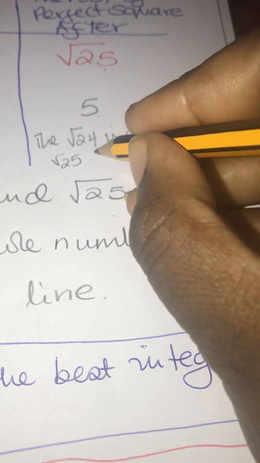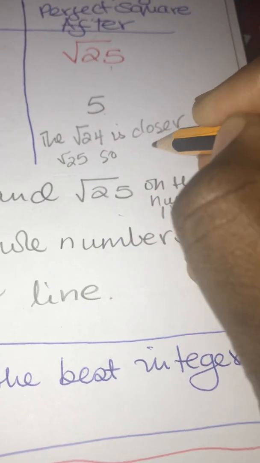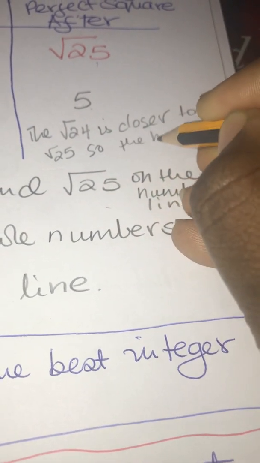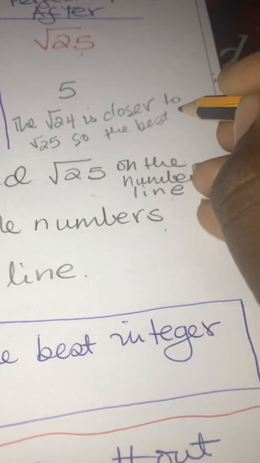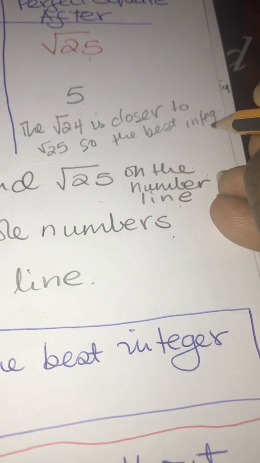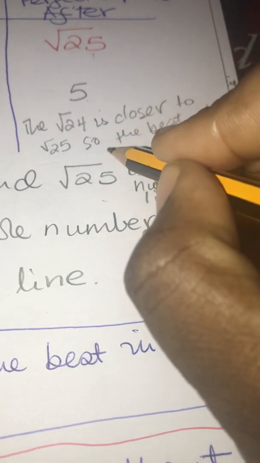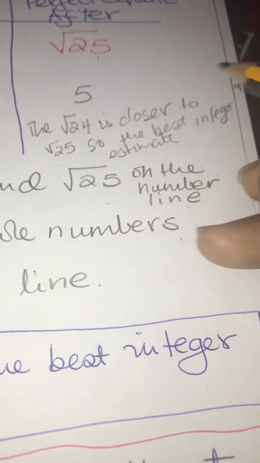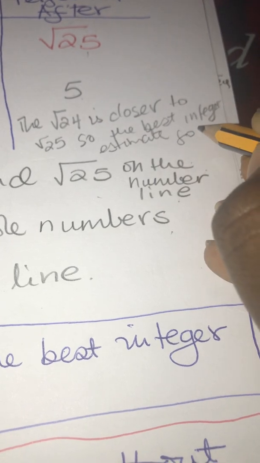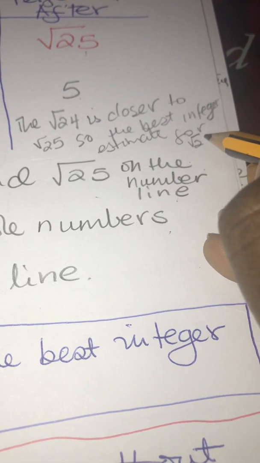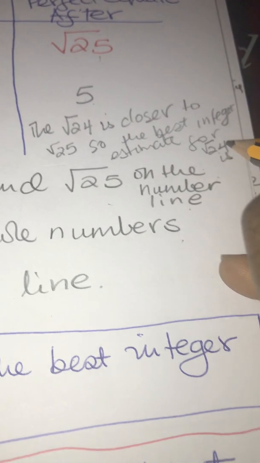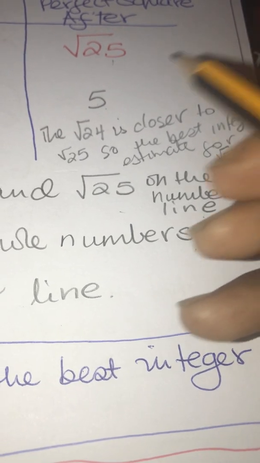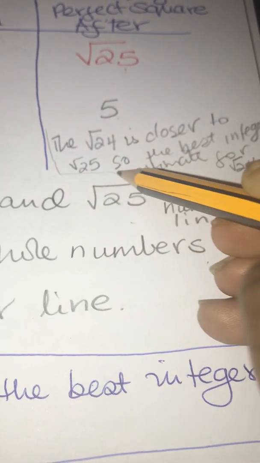So the best integer estimate for square root of 24 is 5. And this is my answer.